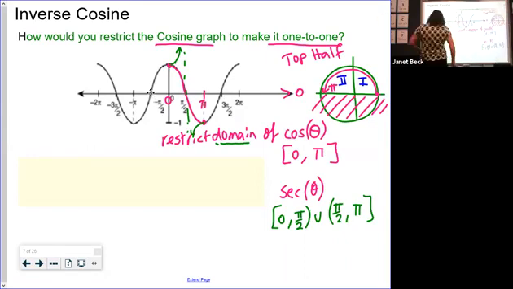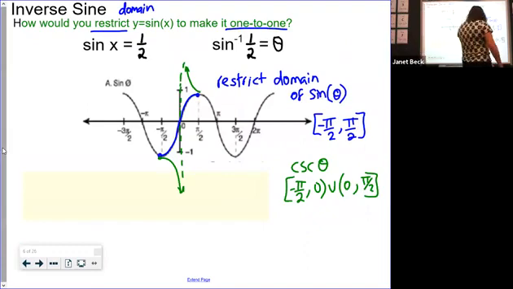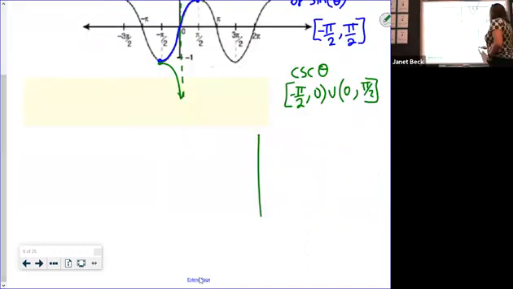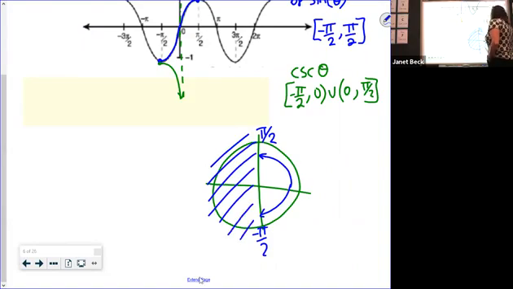How would that work with sine? If I put those angles on a circle for sine, going from 0 to pi by 2, and 0 down to negative pi by 2, and not using any of these angles whatsoever, that's like the right half of the circle. And this is quadrant 1.